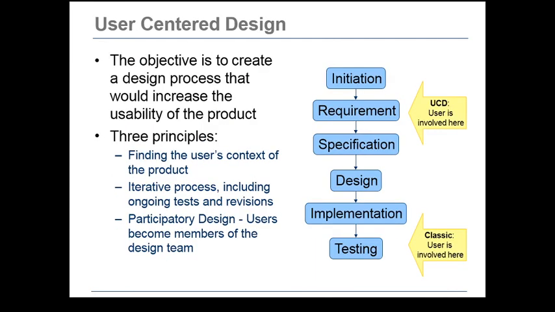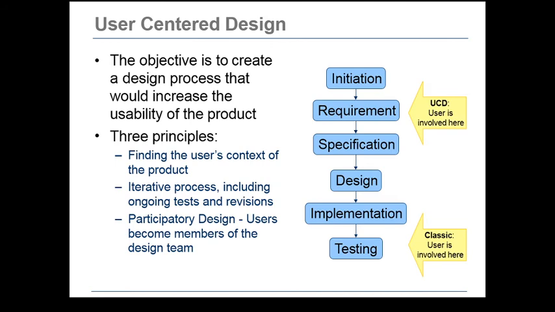Then we will see the user-centered design. As we will see in this diagram, first is the initiation, second is requirement, third is specification, fourth is design, fifth is implementation, and the final one is testing. So in these phases, the user is involved. The objective is to create a design process that will increase the usability of the product.